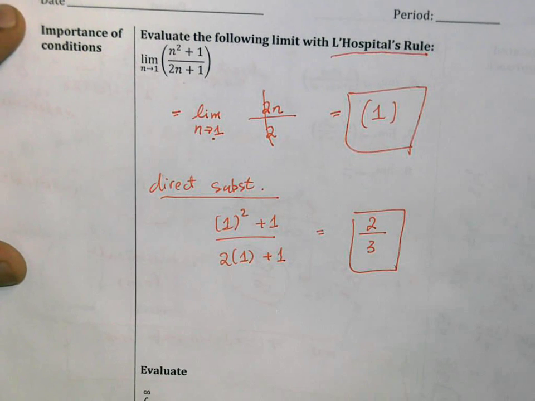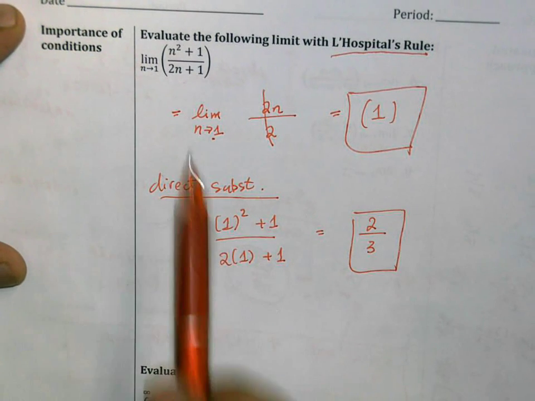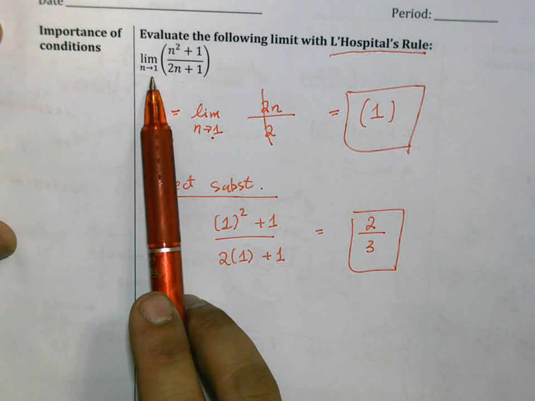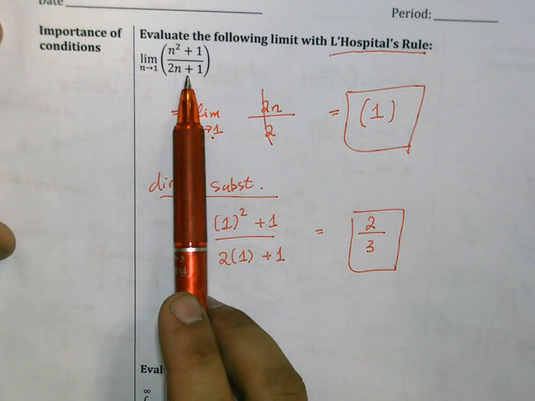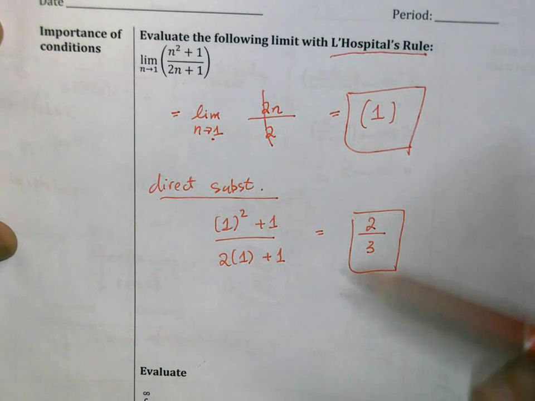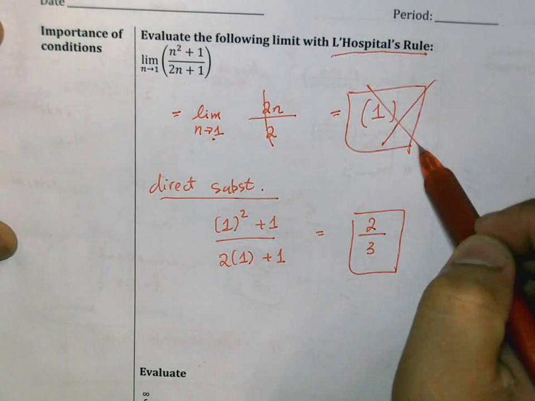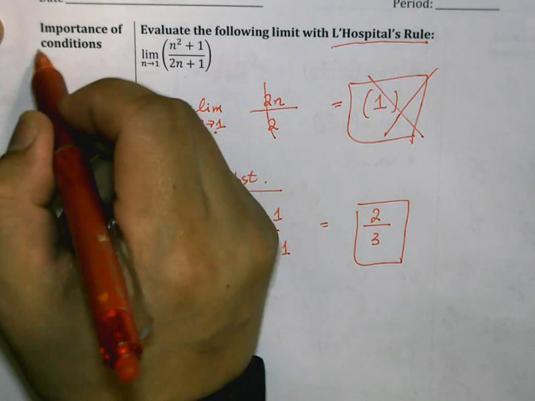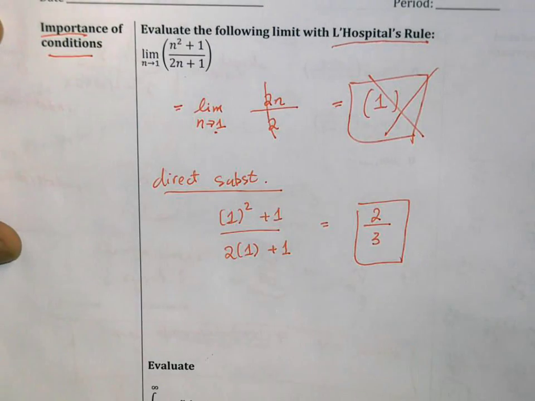And this is the actual correct answer. There's no discontinuity in this function when n is equal to 1, so we can just make the substitution. But if you go the route of L'Hopital's rule, you end up with an incorrect answer. Okay? And I've subtitled this part Importance of Conditions.